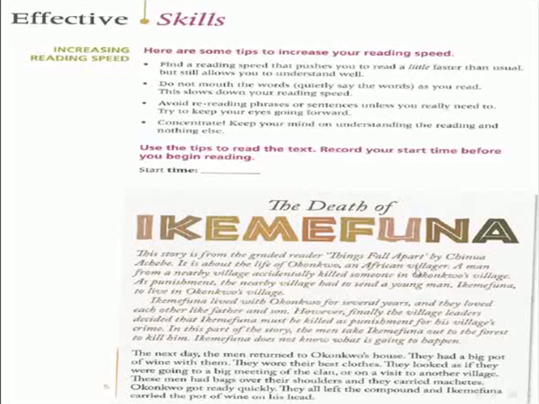We call that an African villager. A man from a nearby village accidentally killed someone in Okonkwo's village. As punishment, the nearby village had to send a young man, Ikemefuna, to live in Okonkwo's village.